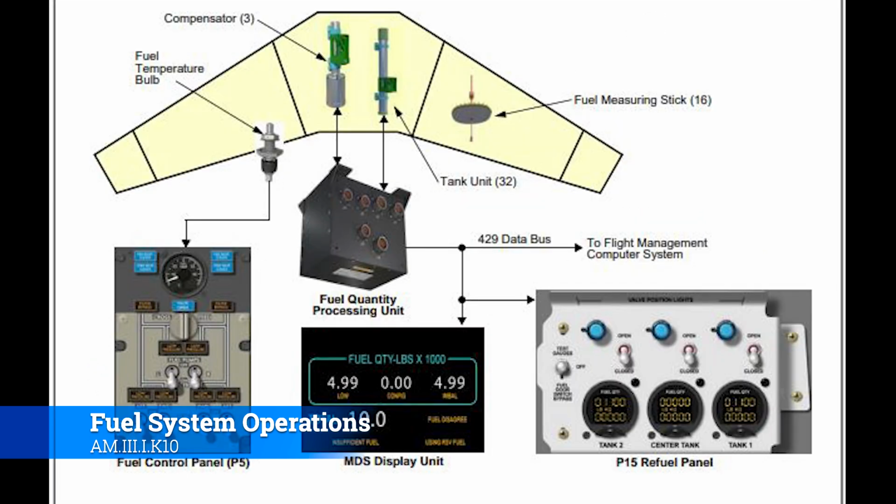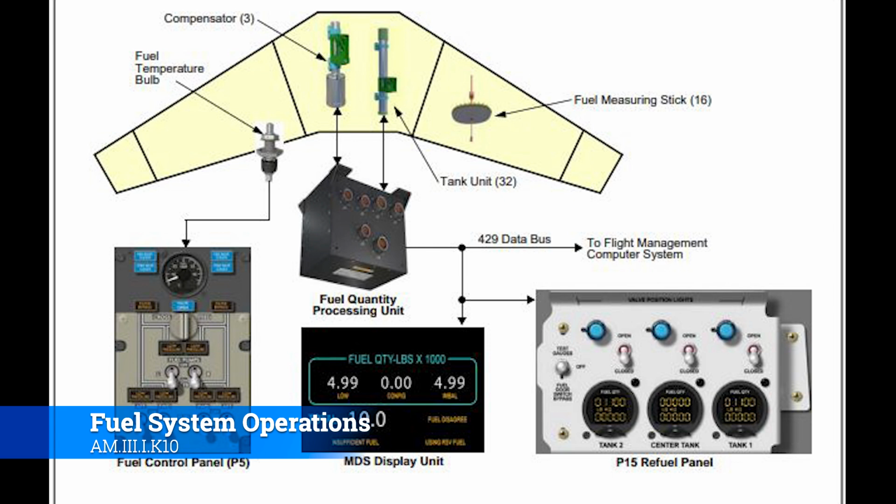All right, so the fuel quantity system is going to be a little bit more complex than your average aircraft, for a couple different reasons. One, there's a lot of space that you have to account for with fuel quantity, and the way that we're going to do this is with these capacitance units that we call compensators.